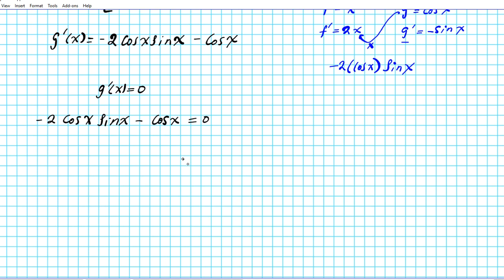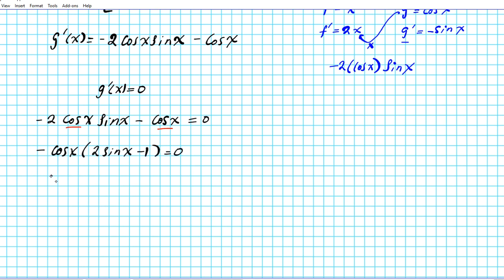We're going to solve this trig equation. Start off by factoring out the greatest common factor. Cosine is common to these two terms that have been subtracted, so we can factor out cosine. Also, we have a negative common, so we can factor out negative cosine x, and that leaves us with 2 sine x minus 1.